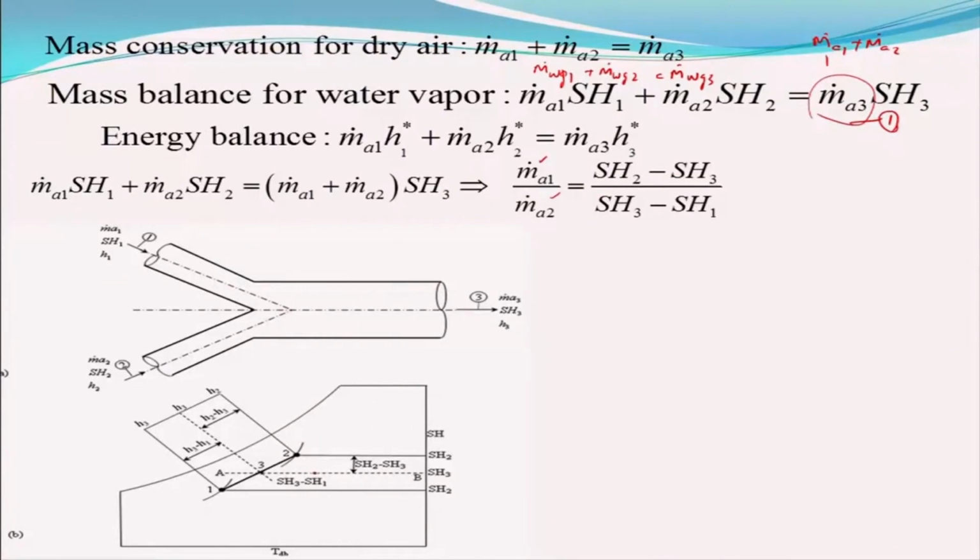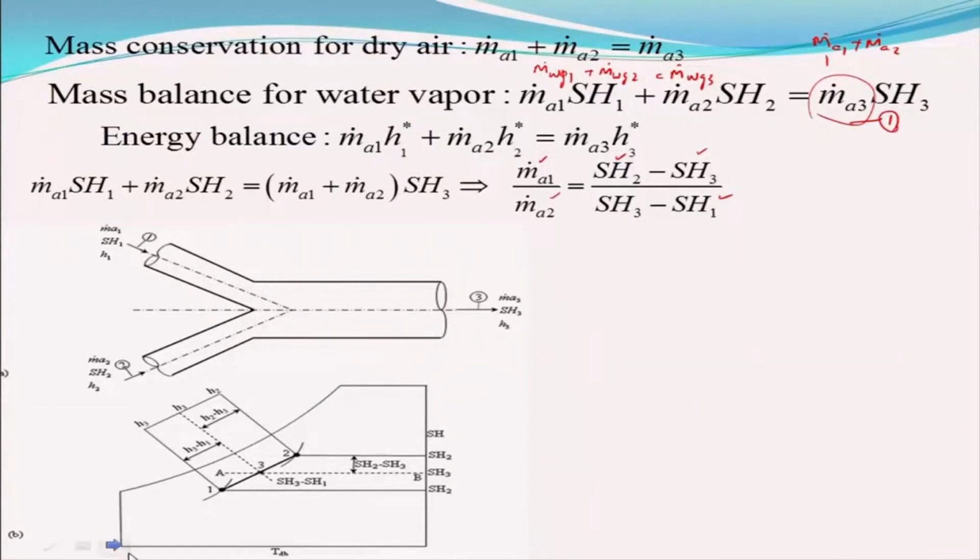If you look at S2 minus S3, and if I can find out S3 minus S1, provided I know these values, or if I know my desired level, S3 I know, S1 is known, then I can find out what the mass flow rate of air will be. One of them of course you should know, the rest of the things you can tinker with and find out.